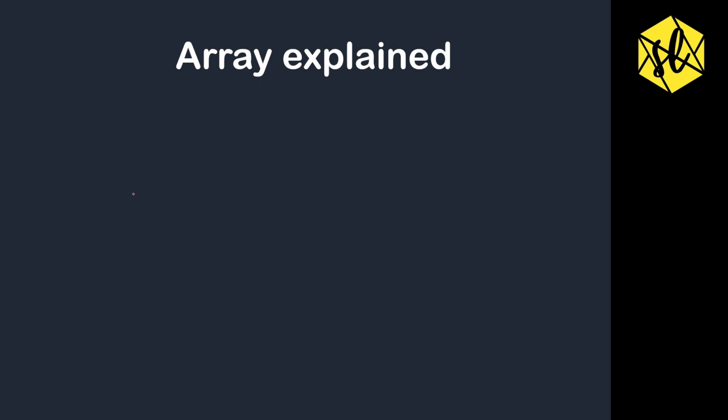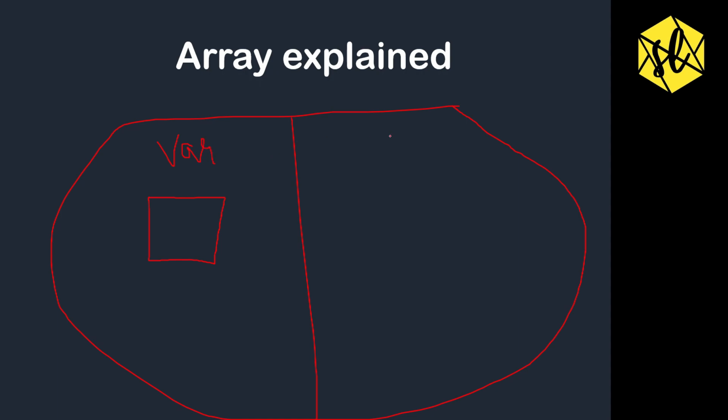So basically, let's say this is our memory. When we define a variable, what happens? We get one variable. Let's say this is a variable and this one is an array. Now let's compare what is happening.